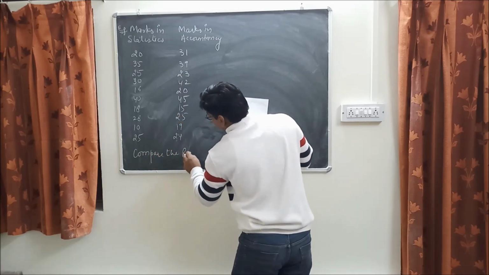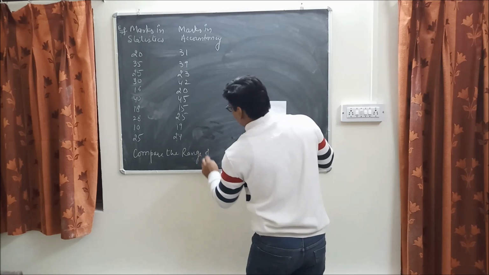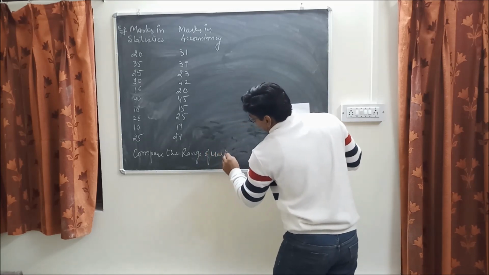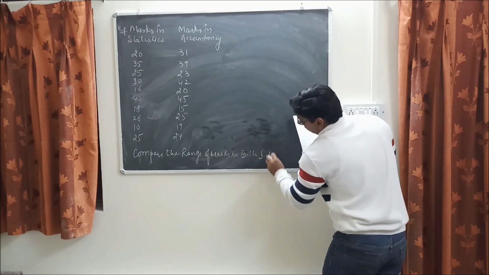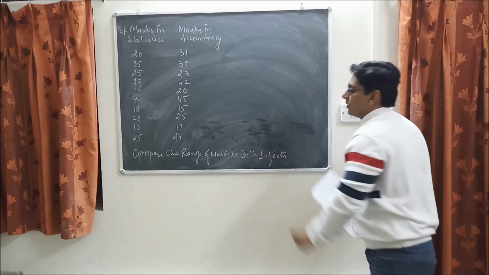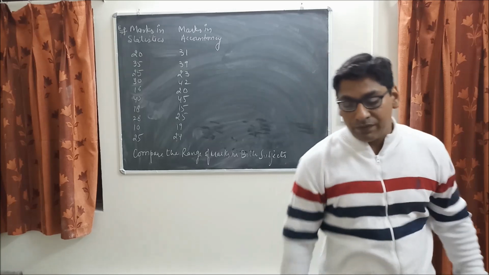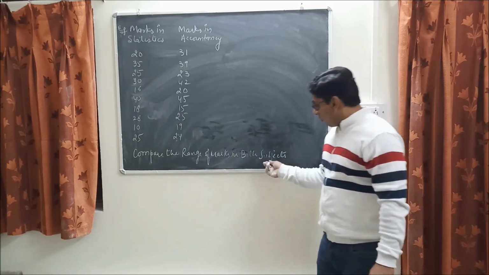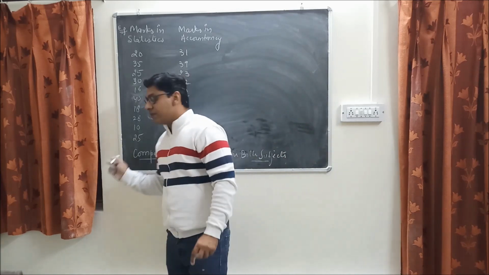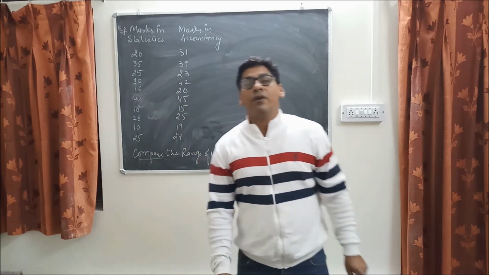Compare the range of marks in both subjects. Now with the help of these data we have to compare the marks between two datas. Now when the word compare comes we have to use coefficient of range.